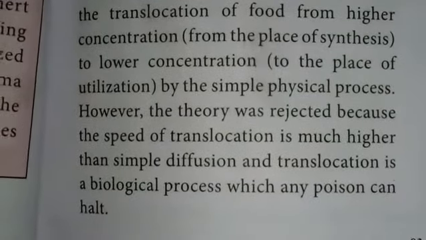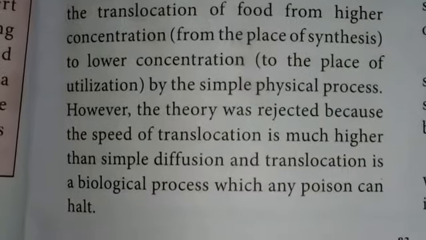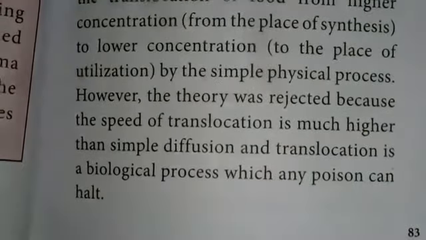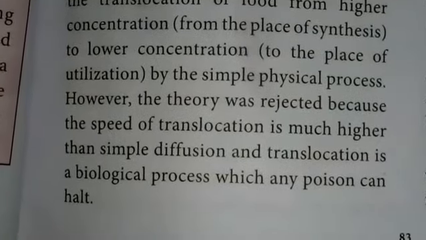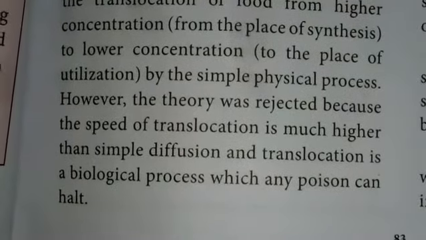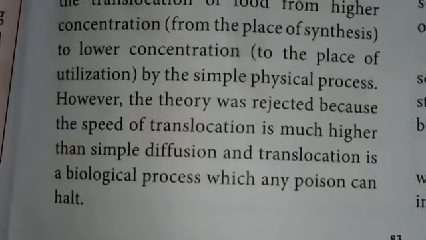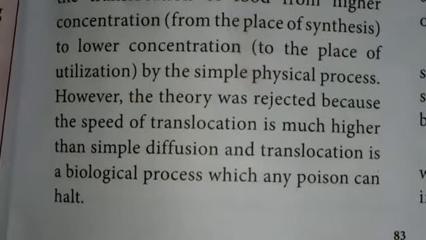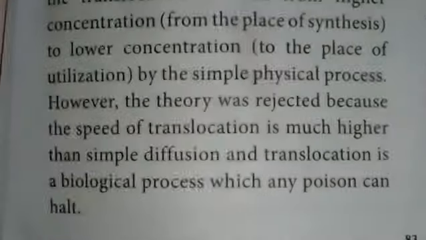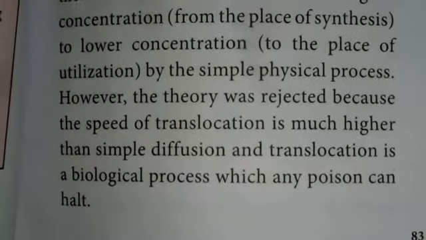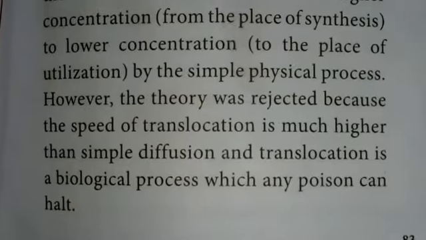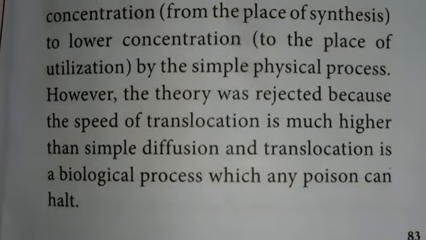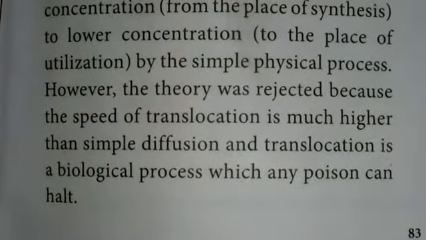By a simple physical process, the movement of food material takes place from higher concentration to lower concentration. However, this theory was rejected because the speed of translocation is much higher than simple diffusion, and translocation is a biological process which any poison can halt.